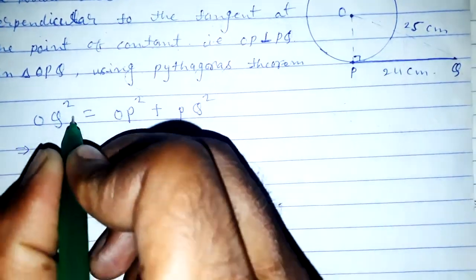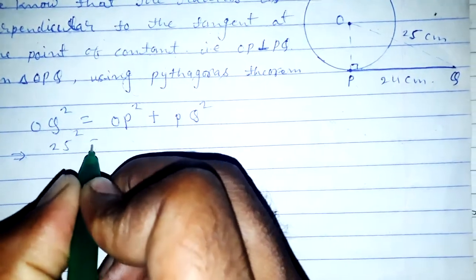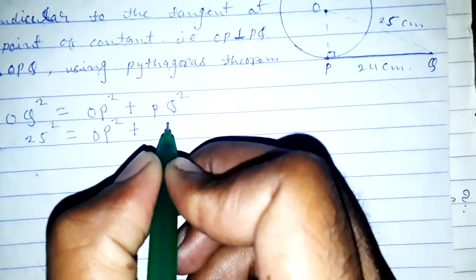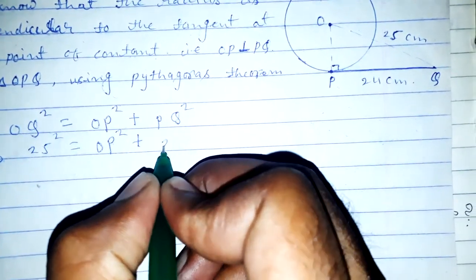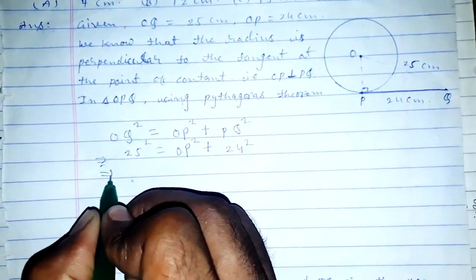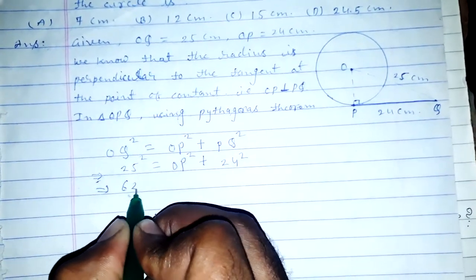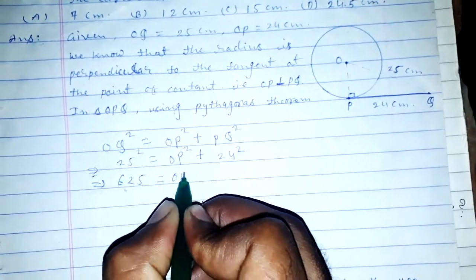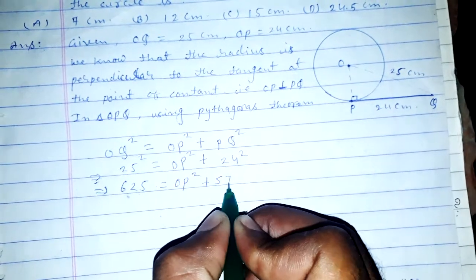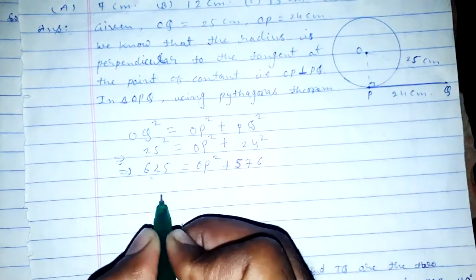Put the values here: OQ is 25, so 25 square is equal to OP square plus 24 square. The square of 25 is 625, and the square of 24 is 576.